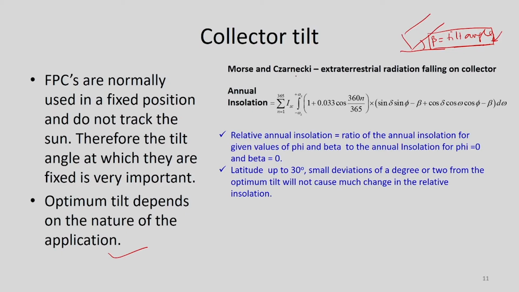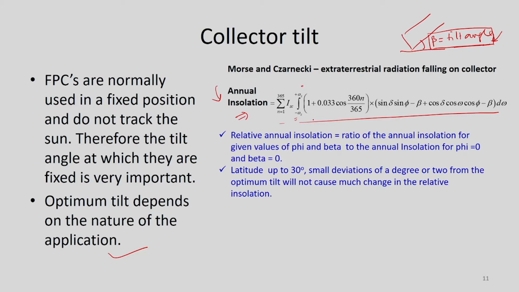So, Morris and Ziranki used extraterrestrial radiation falling on a collector, and they used this expression for calculation. This is the annual insolation, in watt per meter square, and they are integrating with the hour angle. Finally, the amount of solar radiation received as extraterrestrial radiation can be calculated on an annual basis.